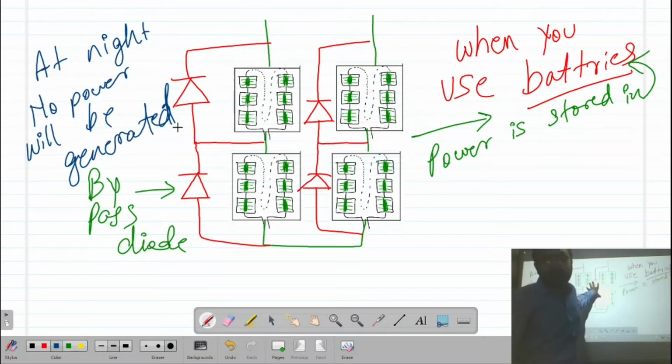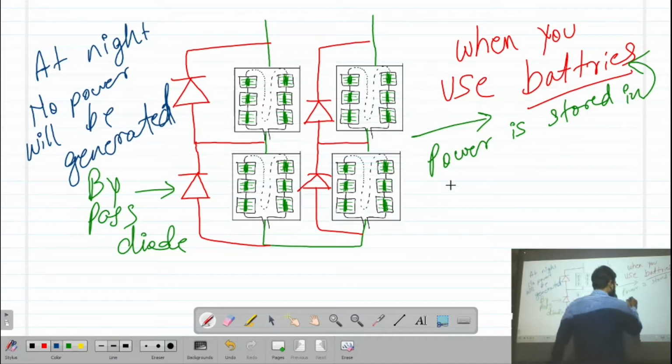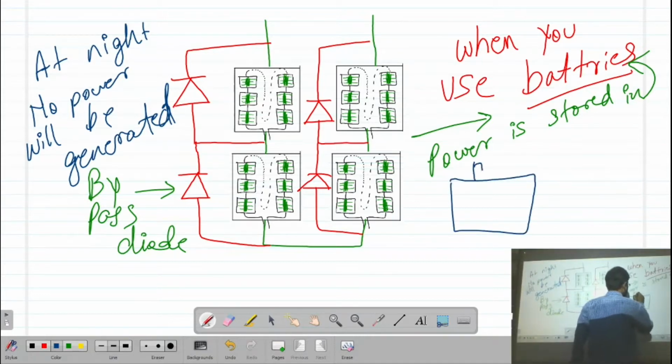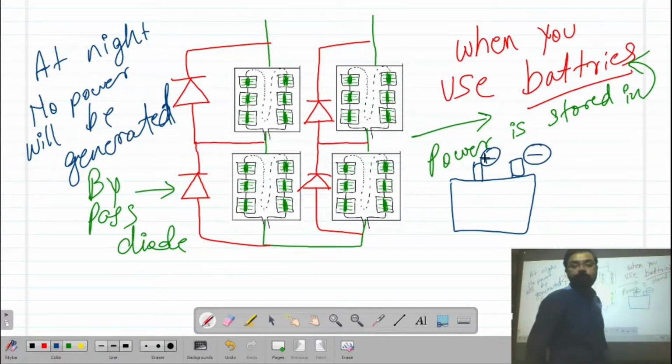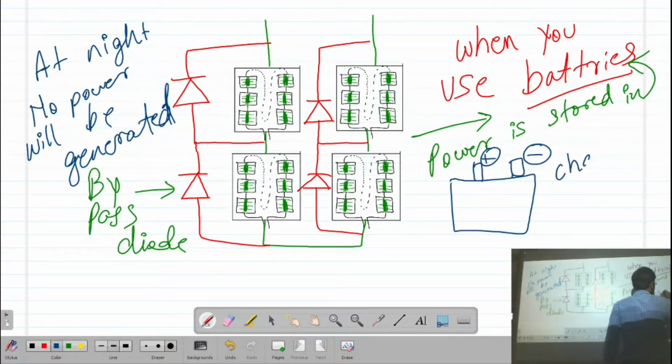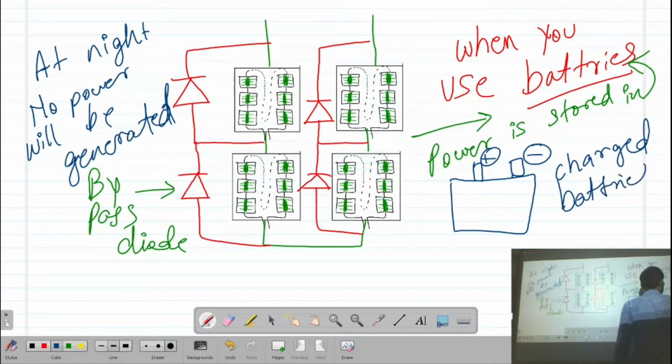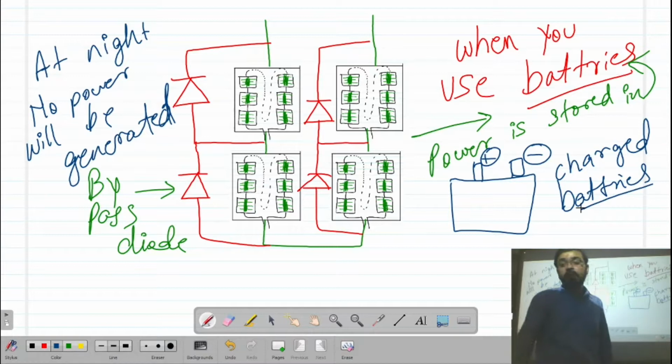And during night time, what happens is that with a fully charged battery, this module will have a loading effect on the batteries. This means the module itself will act as a load.